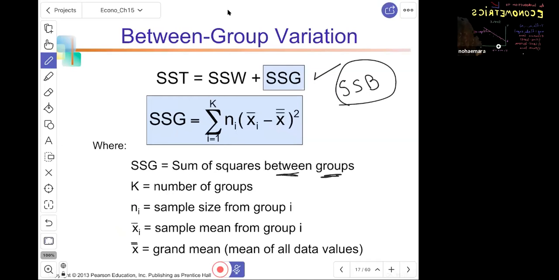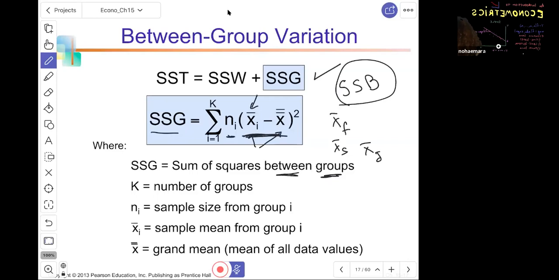Now, I have only 3 groups in my example, right? So I'm going to sum the variations from, I have only 3 x bars. I have x bar for the freshmen, x bar for the sophomores, and x bar for the junior. Okay, so I'm going to take each x bar, how far from the overall mean of the observations. So in my example, we would have 3 of these brackets.